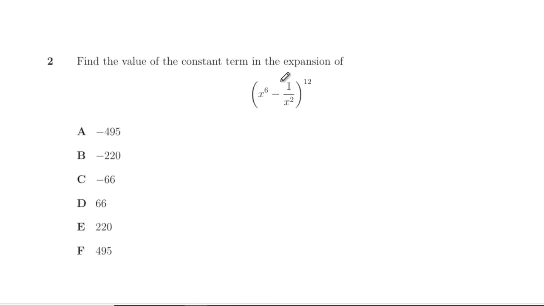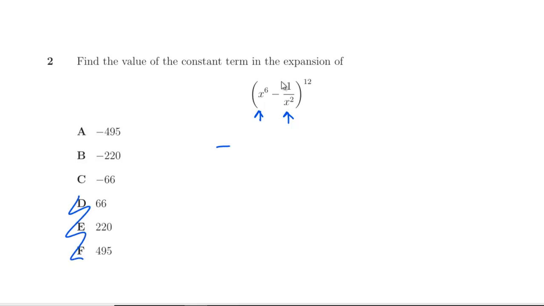Question 2, find the value of the constant term in the expansion of this. Right, so we've got power 12 there, x^6, we've got minus, so we're going to need 3 of those, which will make 18. We've got an odd number of the minuses, so we are going to have a minus.